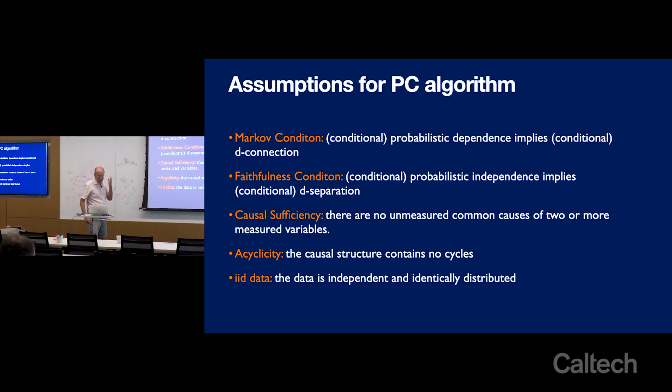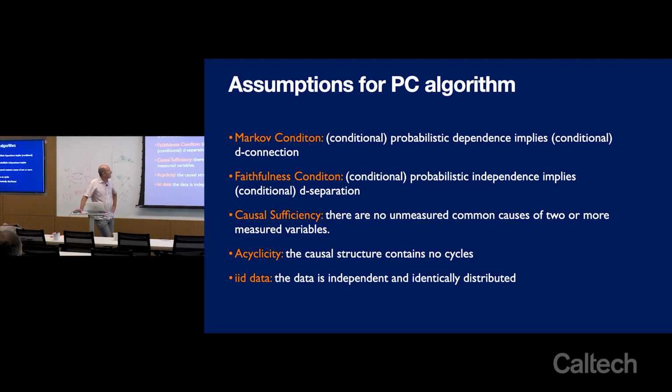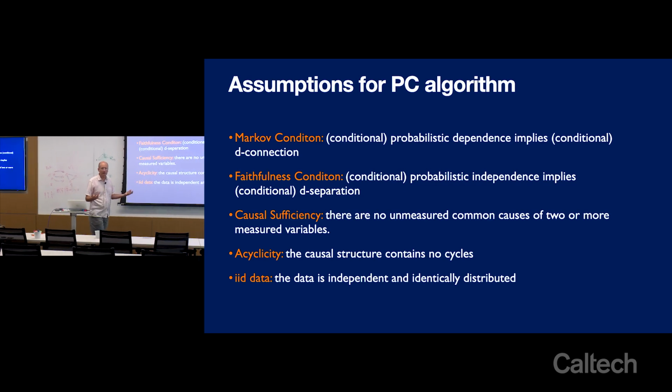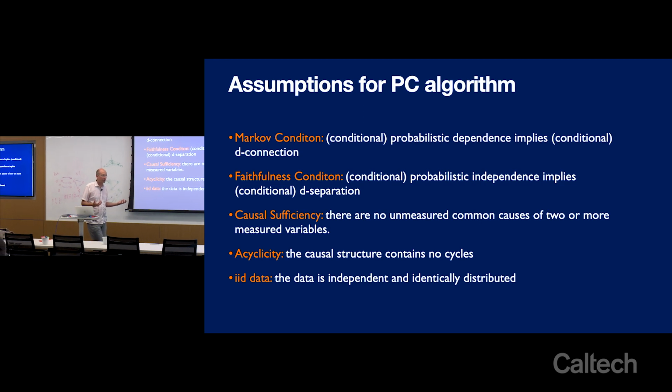So the Markov condition, we talked about it earlier, says that if we see a probabilistic dependence, whether conditionally or unconditionally, what that implies is a certain type of connection between the variables that's known as d-connection. What that says basically is that if we see a dependence, we think there's some sort of causal relation between the variables.